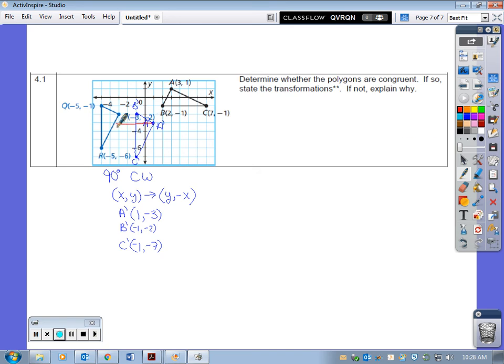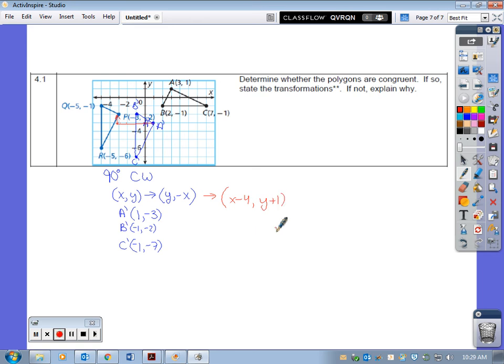We have to go from here, and then we have to go up. Okay, so let's count backwards: 1, 2, 3, 4, and up 1. Okay, so from our new (x, y), we are going to go backwards 4, and up 1.